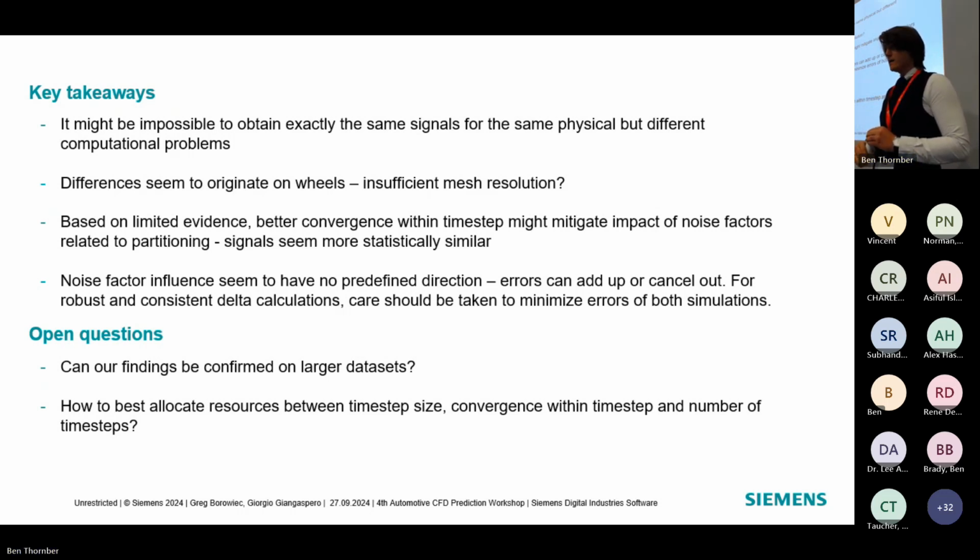If we converge the time steps better, drag force signals seem to be more similar, potentially limiting the impact of noise factors. And errors do not follow a set pattern. When we compare deltas, the errors can add up or cancel out.